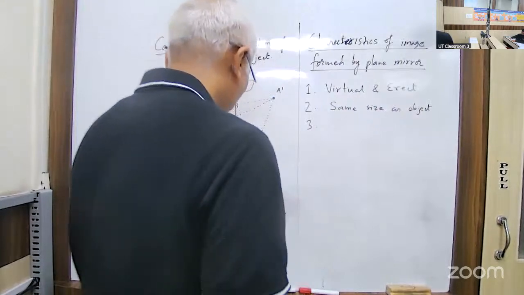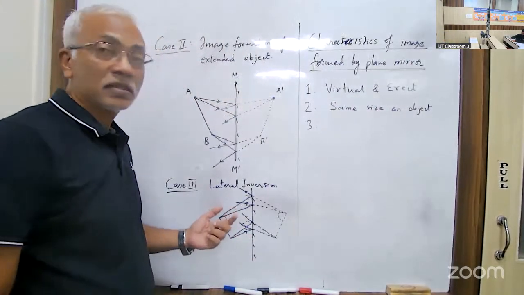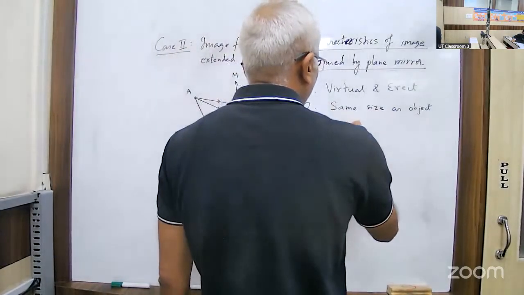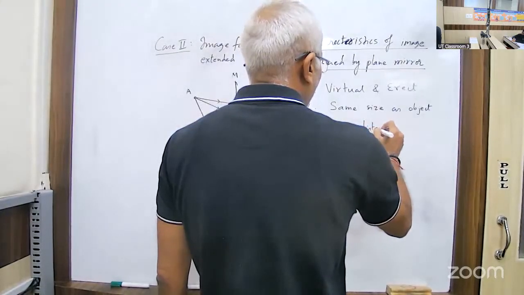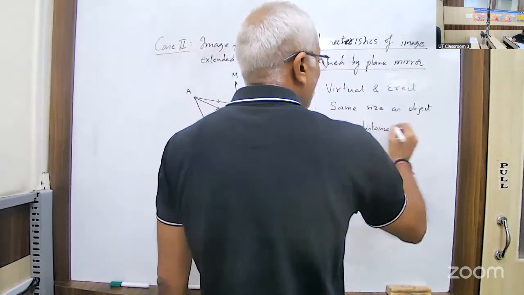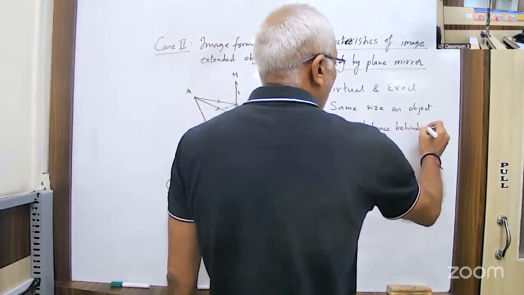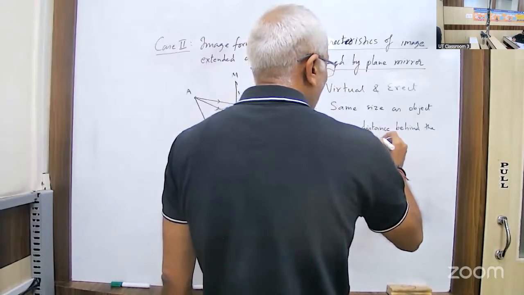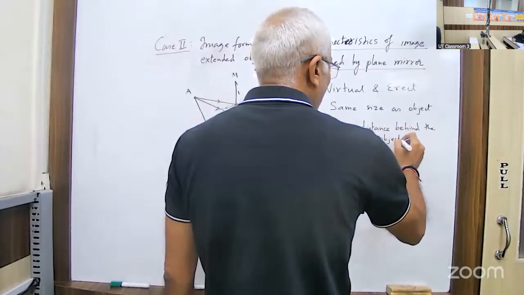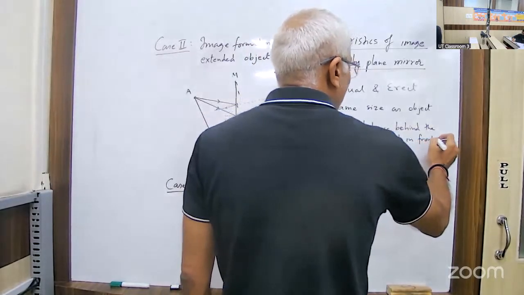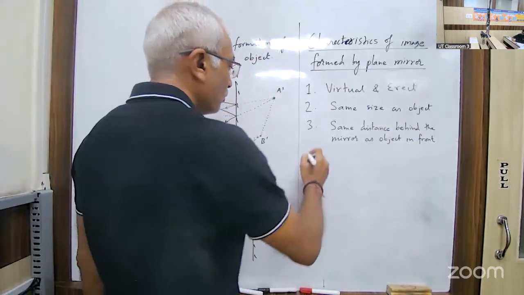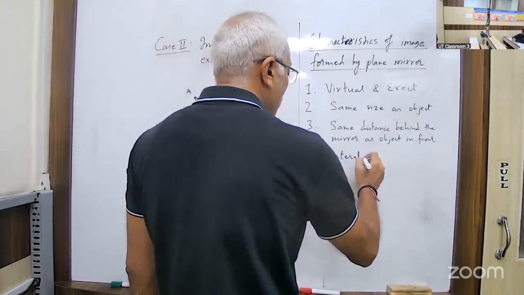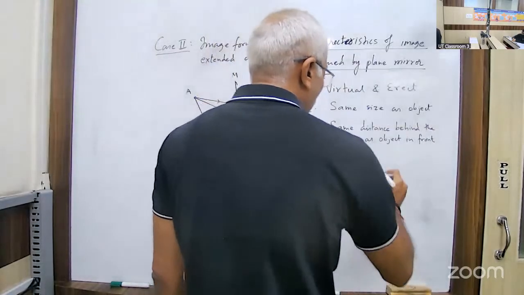Third, it is at same distance behind the mirror as the object in front. Fourth, it is laterally inverted.